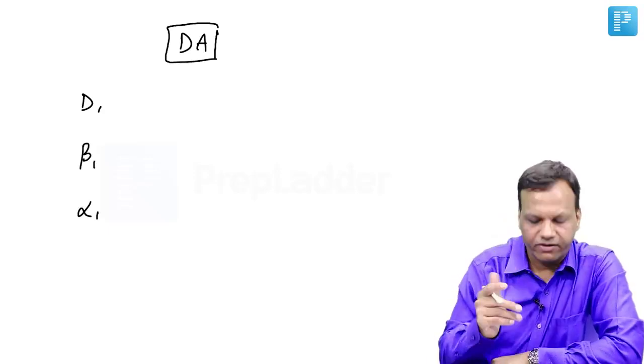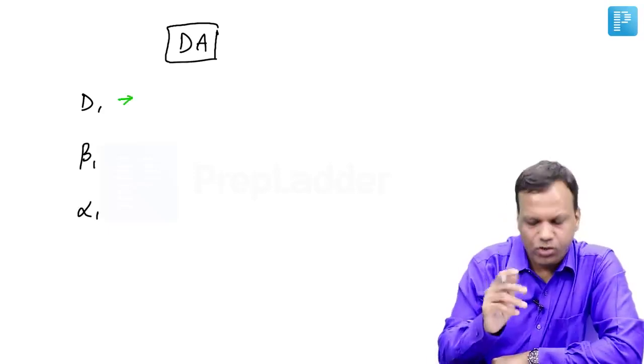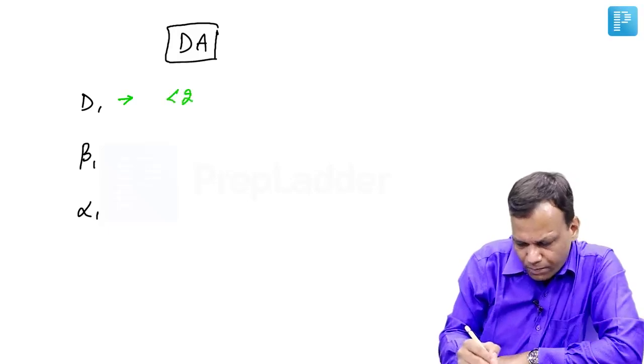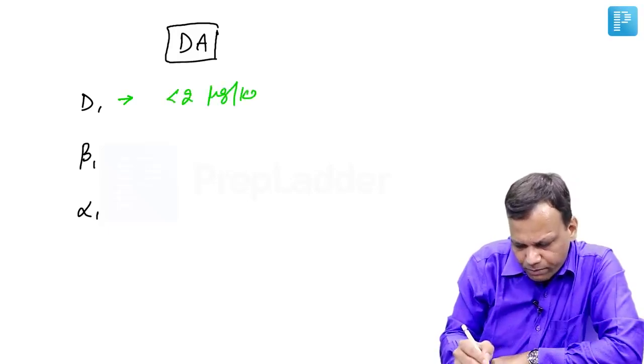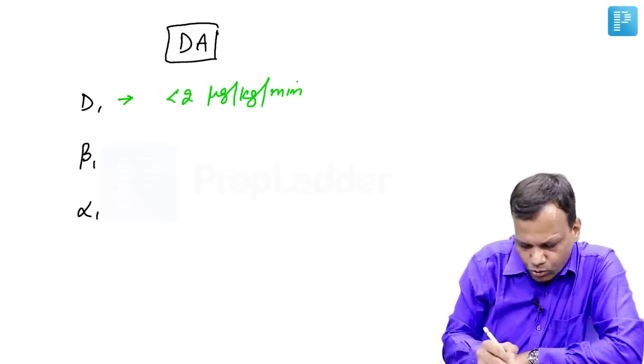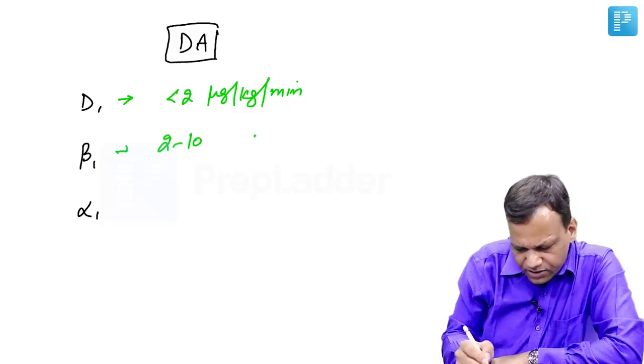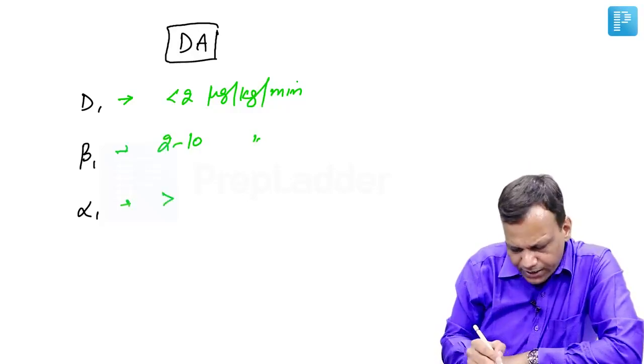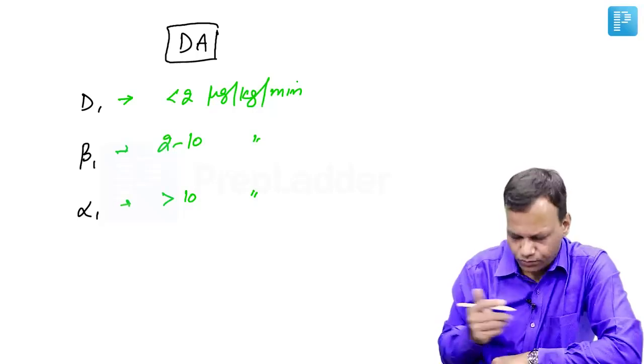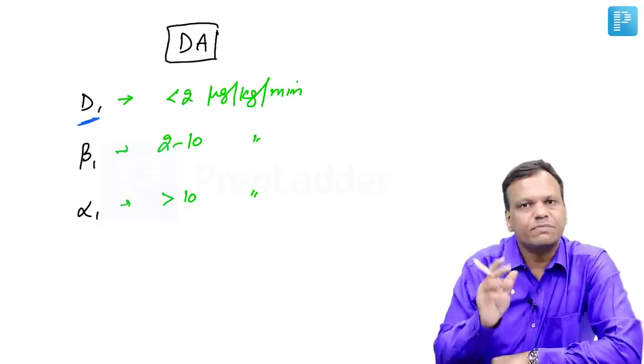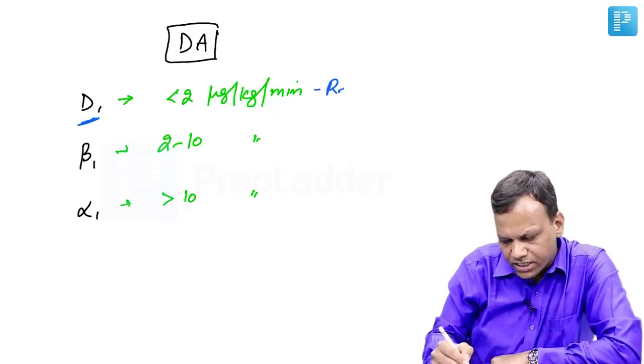These are dose dependent effects. D1 is stimulated at the lowest dose, less than 2 microgram per kg body weight per minute. But if the dose is increased up to 10, it stimulates beta 1, and at more than 10, it stimulates alpha 1 receptors also.